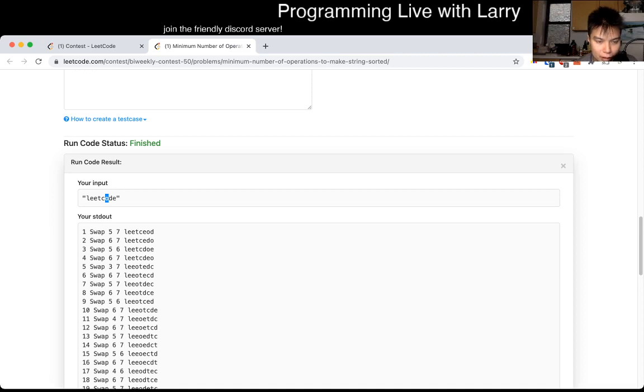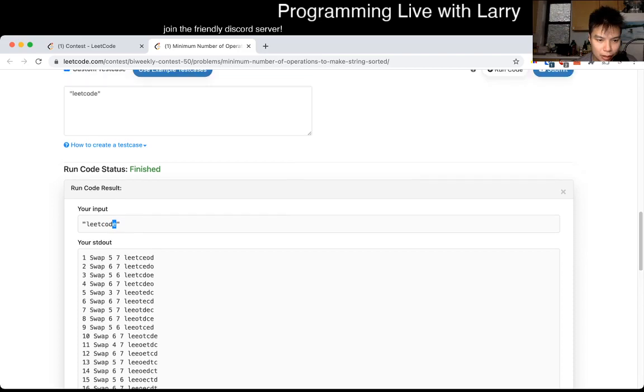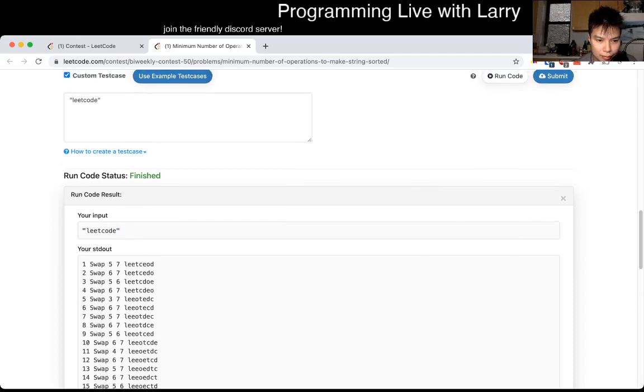So moving this to a Y would require, let's take the suffix. Looks good. Add a D. It's sorted, so that's still good.